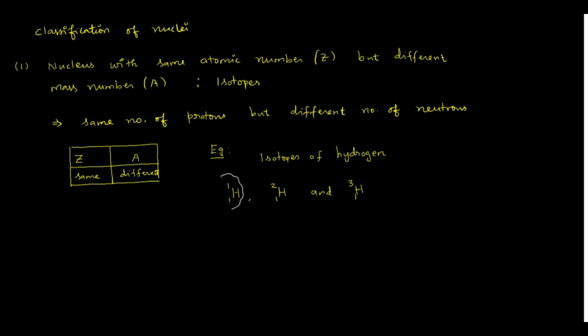This is the ordinary hydrogen. We call it hydrogen itself. So the normal hydrogen that we use, in deriving the Bohr atom model, is all this. So it is ordinary hydrogen. This is just hydrogen, okay? Now we have another one, which is called deuterium.